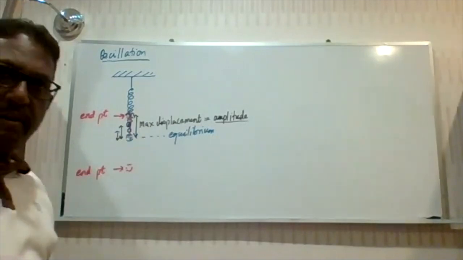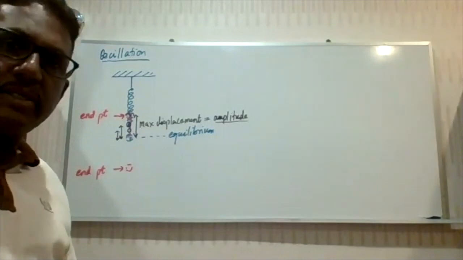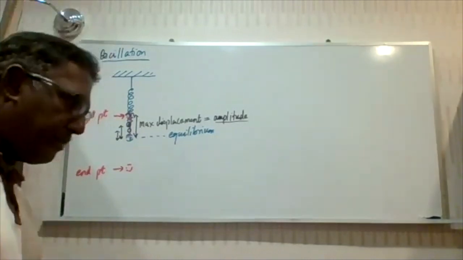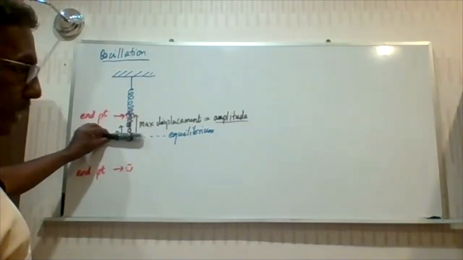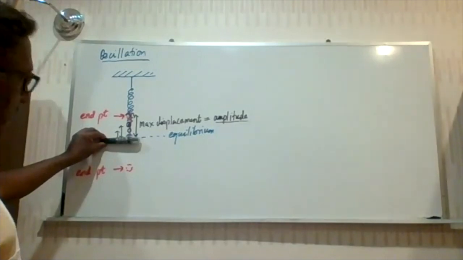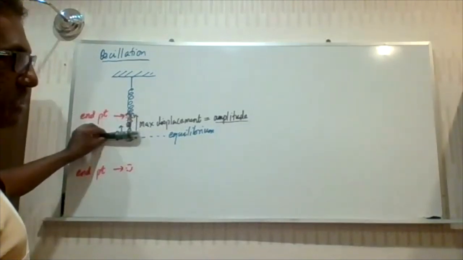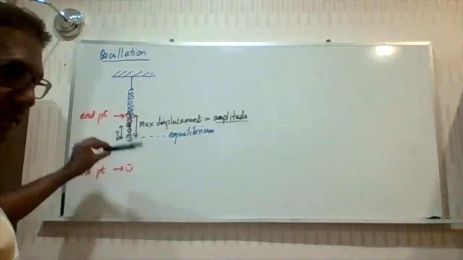Number two, does it occur irregularly or does it occur regularly? What does that mean? That means, does it take from end to end 1 second at one time, and then 2 seconds, and then the next moment 4 seconds, and then about 2.5 seconds? Is it like that?